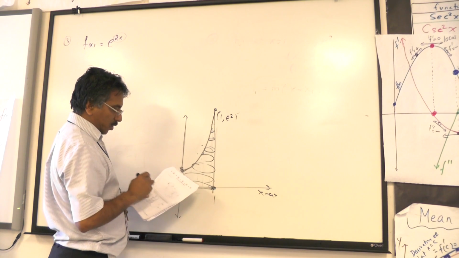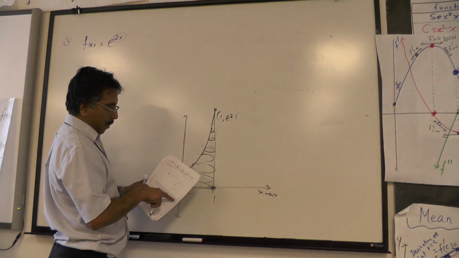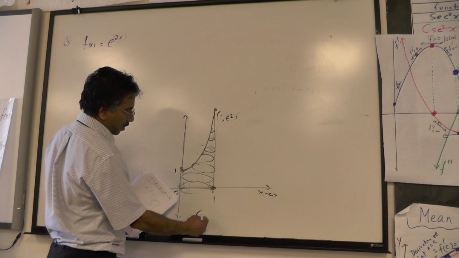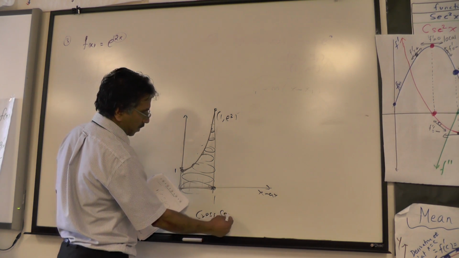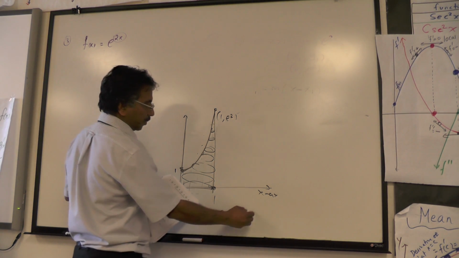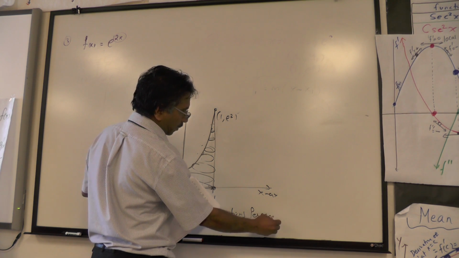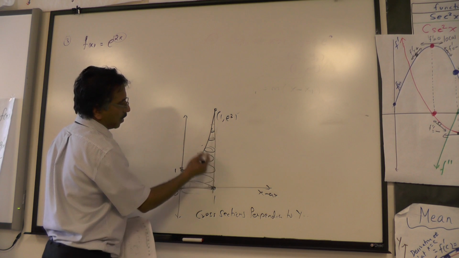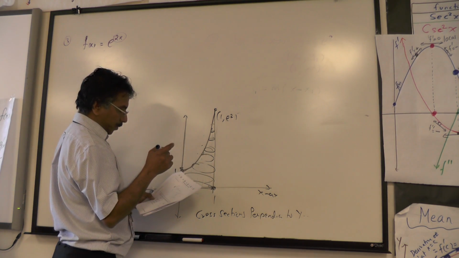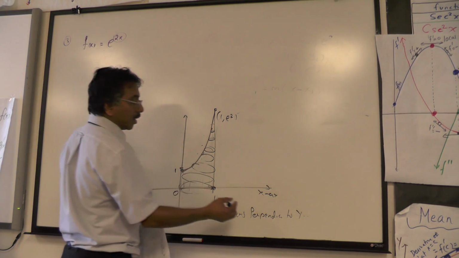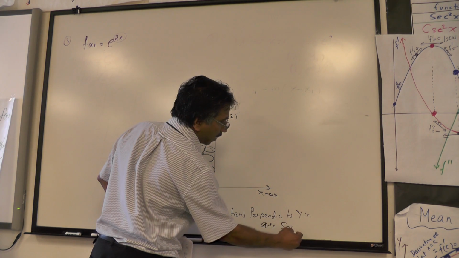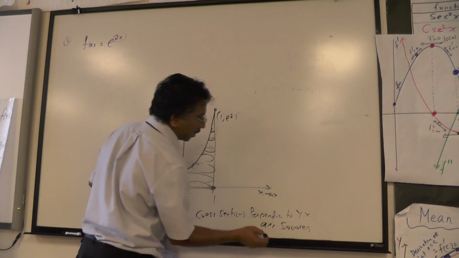If you read the part there, cross sections perpendicular to the y-axis are squares. That's the most important thing here.